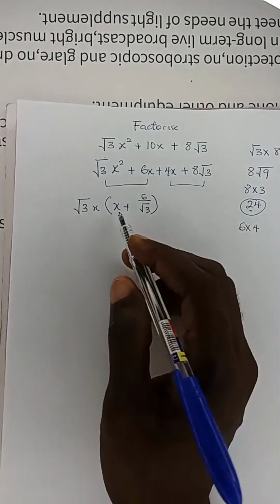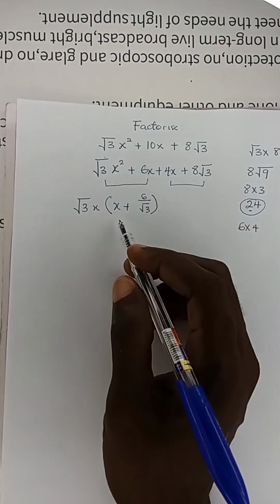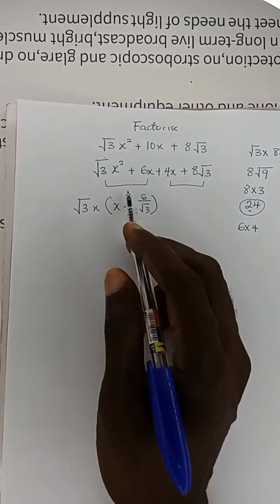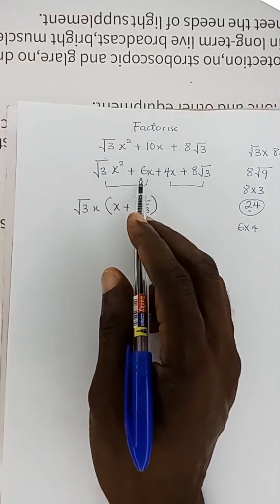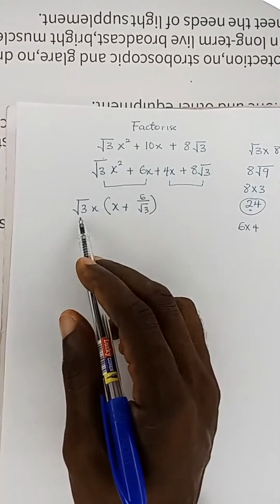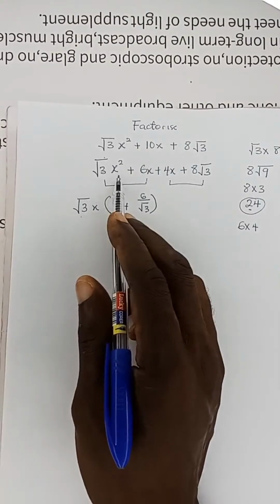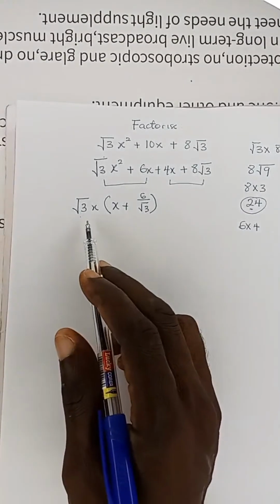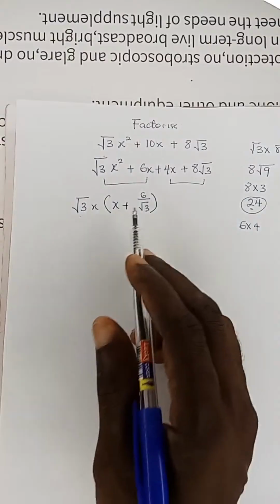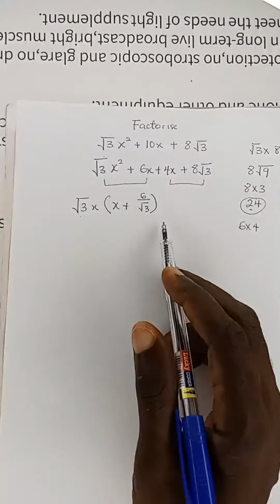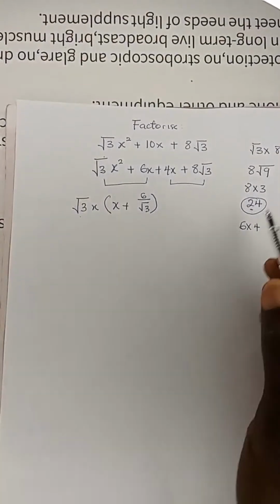Okay, so by the time you open that bracket, you are going to have the first pair. Root 3x times x will give us root 3x squared, and then root 3x multiplying 6 over root 3 will give us 6x.